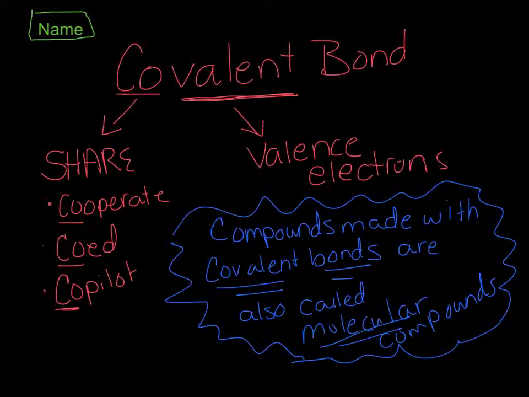So now we're going to go to covalent bond. So now we're moving to the center of the page. What happens in a covalent bond is that electrons are going to be shared instead of transferred.